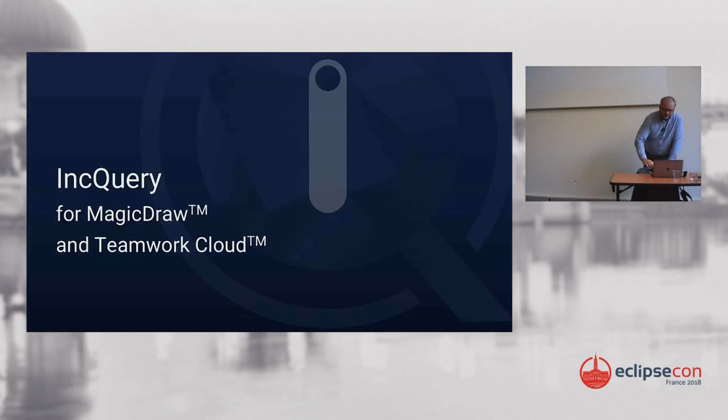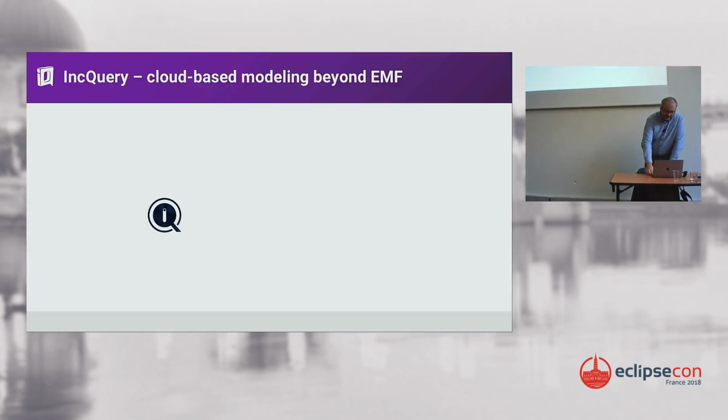So the products that we developed, I'm going to talk a little bit about so that you understand the general context of this work and why this is important to us. These products and concepts are called IncQuery, specifically IncQuery for MagicDraw and Teamwork Cloud. And so what is this technology?